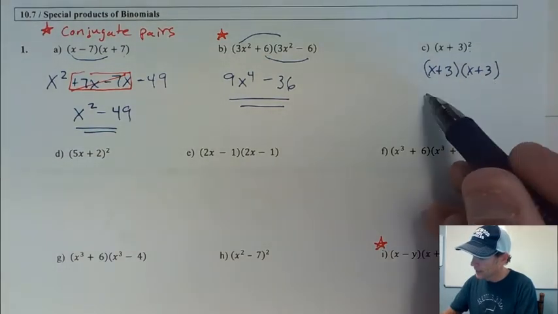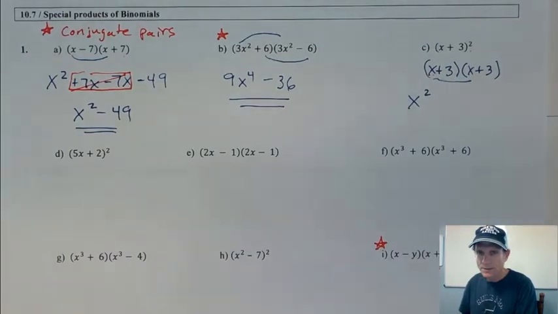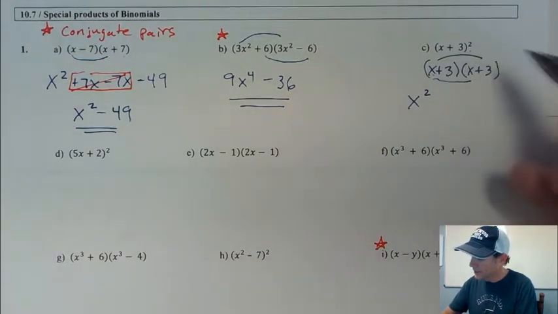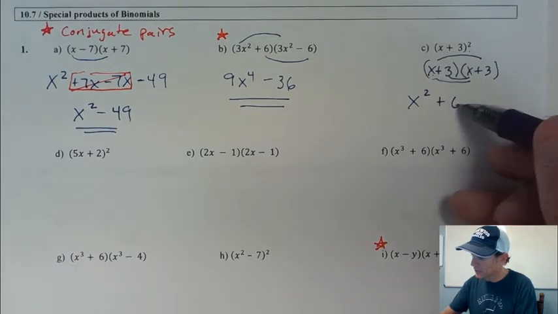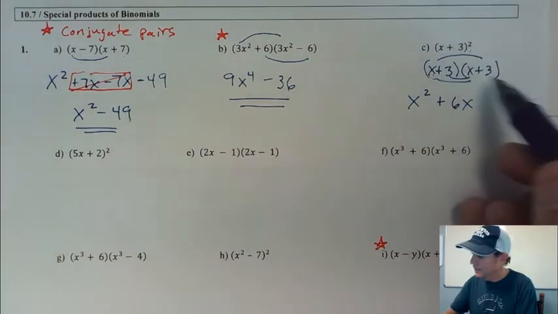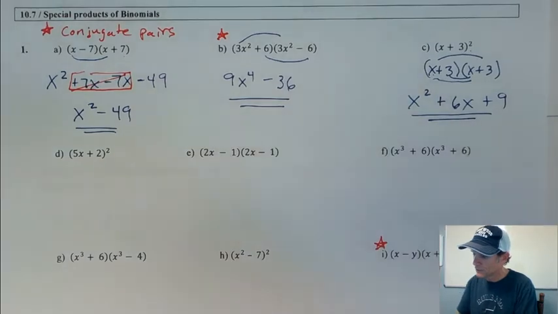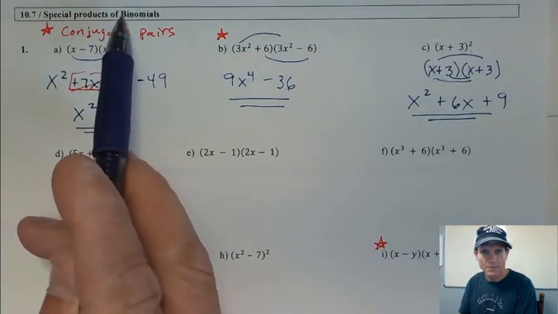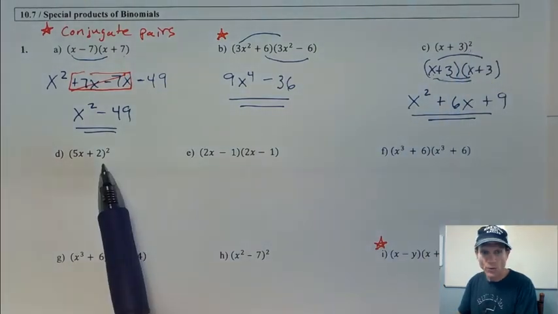So you got x times x is x squared. Then if you think about outside, you get 3x, and inside you get 3x, so plus 6x. And then 3 times 3 is 9. So this falls under the special product of binomials because this is a squared binomial. Here's another squared binomial.